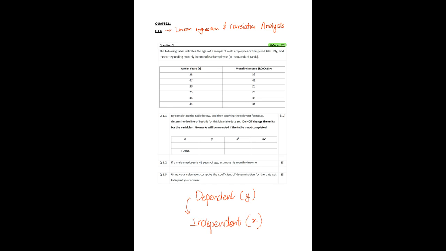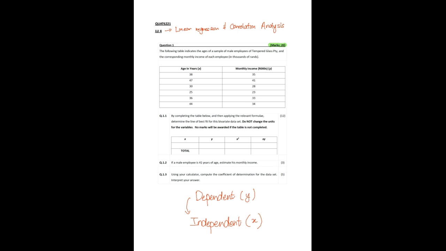So it says to you that the following table indicates the ages of a sample of male employees of Tempered Glass Pty and the corresponding monthly income of each employee in thousands of rands.